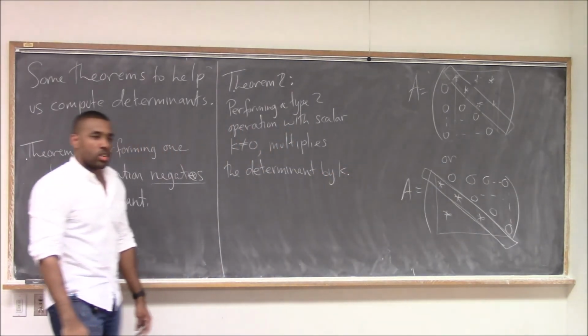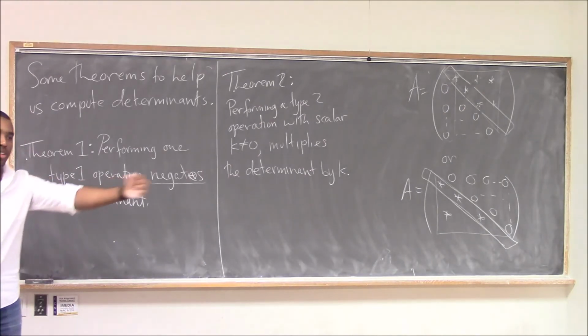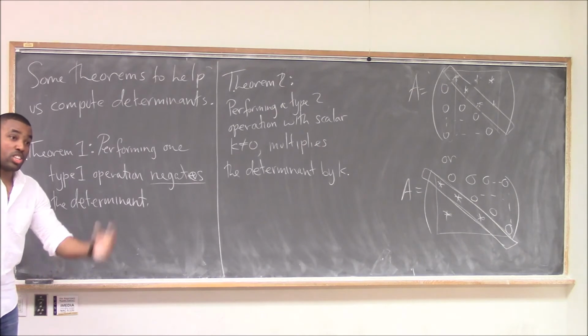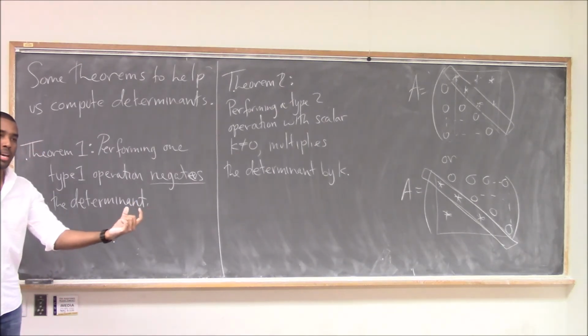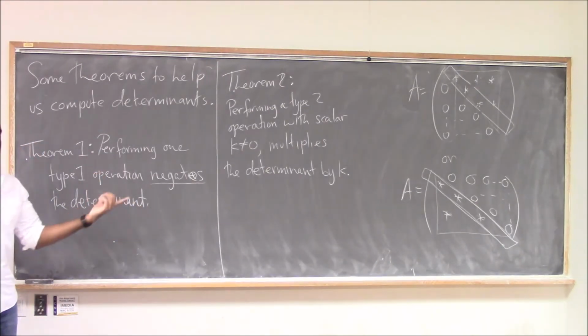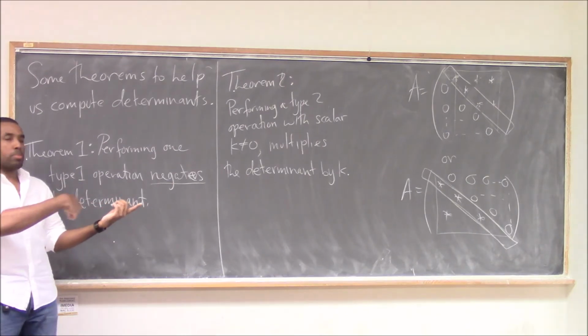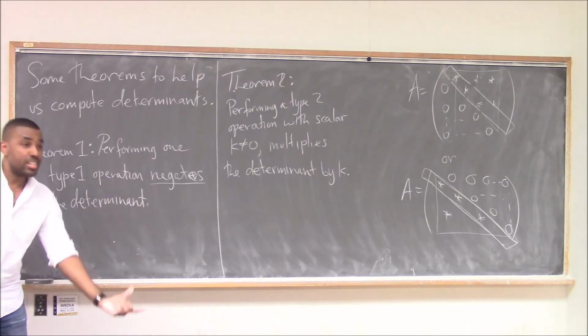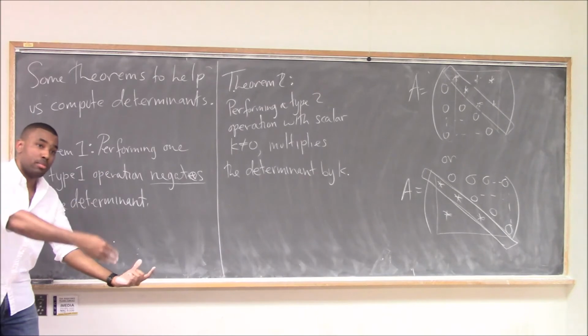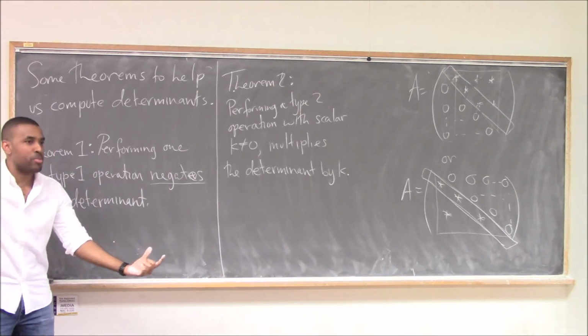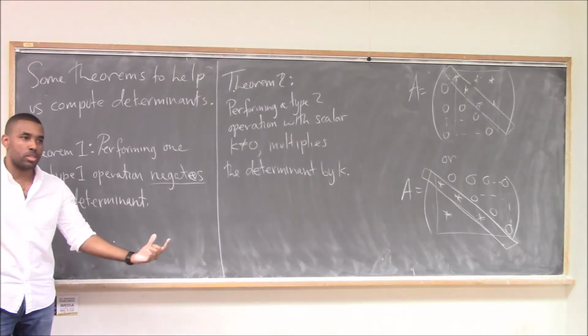So let's say you're changing a row and you decide to change it by multiplying through by some non-zero number. If you find the determinant now, the determinant itself will be multiplied by that number. So let's say, in order to make the determinant easy to compute, I multiplied a row by 2. It means that the answer that I get would actually be 2 times the determinant, so I need to remember to take a half of that answer, and that would be the determinant of the original.